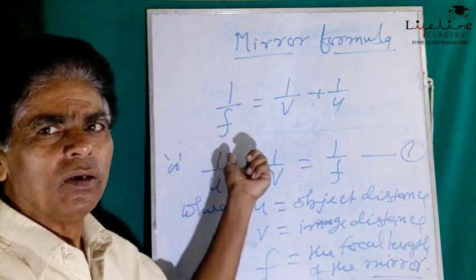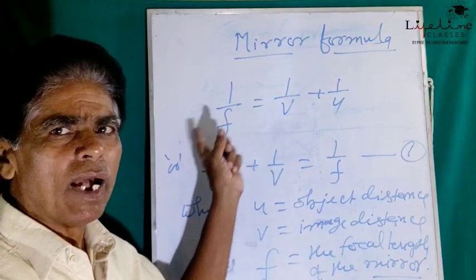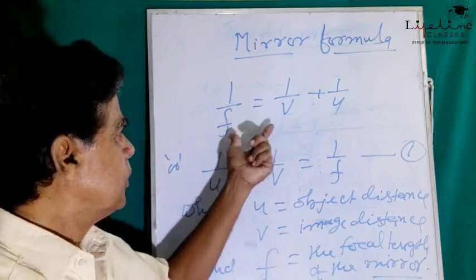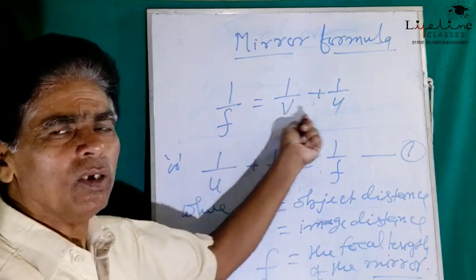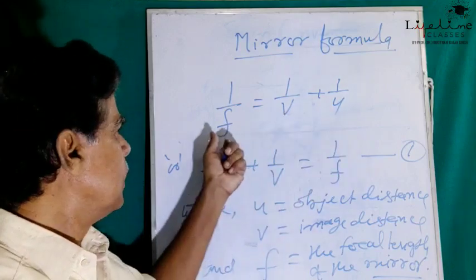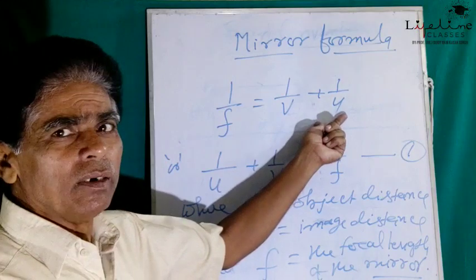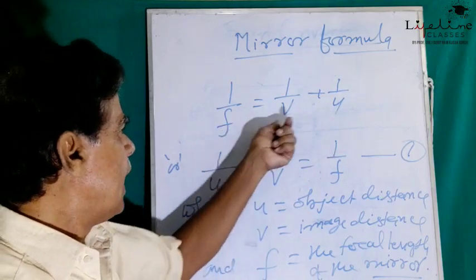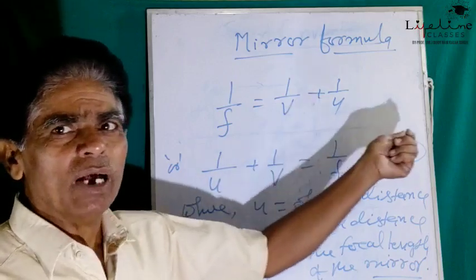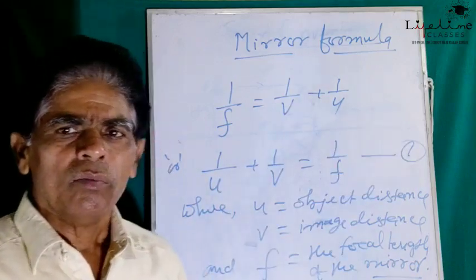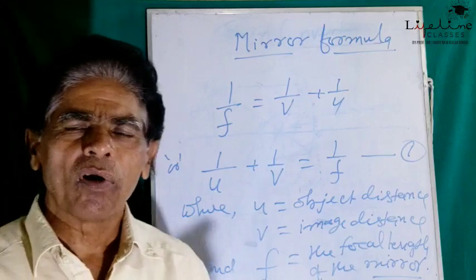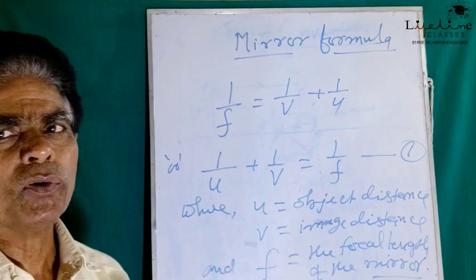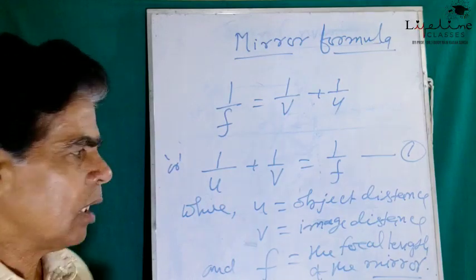Then we can easily calculate the focal length by using this mirror formula. So any two, if f and v are given, u can be obtained. If v and u are given, f can be obtained. When f and v are given, u can be obtained. So we can use this mirror formula to get the unknown quantity if two are already given.